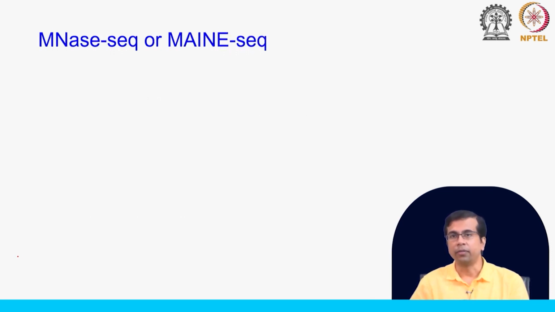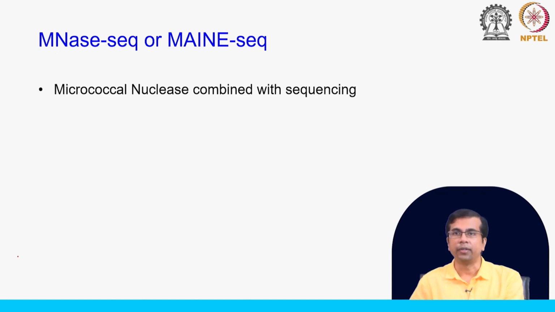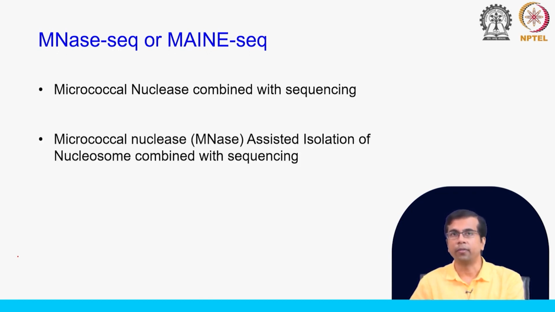So, let us now look into the methods, the steps, and the different considerations for each of these methods. Okay. The first method that we will talk about is called MNase-seq or MAINE-seq or MIND-seq. This is the full form: micrococcal nuclease combined with sequencing, right. MNase stands for micrococcal nuclease, or we also call it MIND-seq, micrococcal nuclease assisted isolation of nucleosomes.